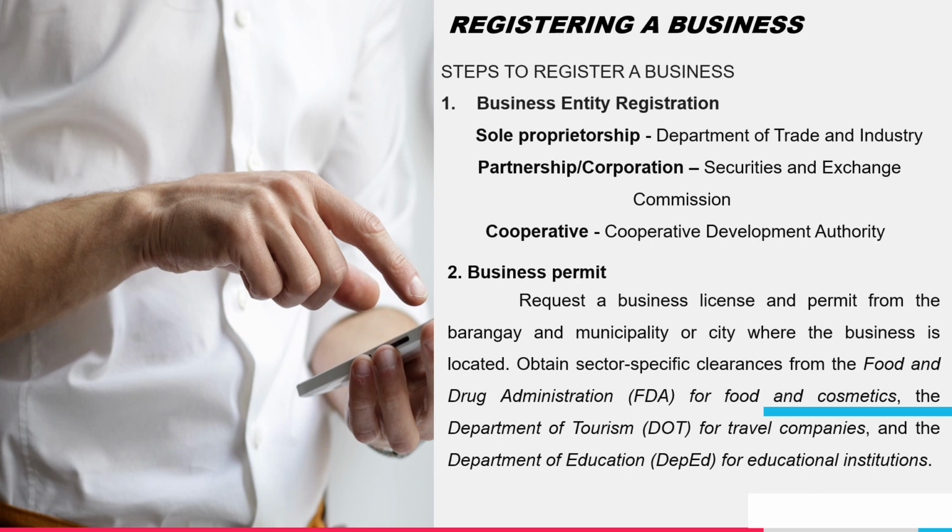If you are involved in food and cosmetics, you will go to the Food and Drug Administration. If your business is involved in travel companies or hospitality industries, you will go to the Department of Tourism. While if your business is an educational institution, you will go to the Department of Education.